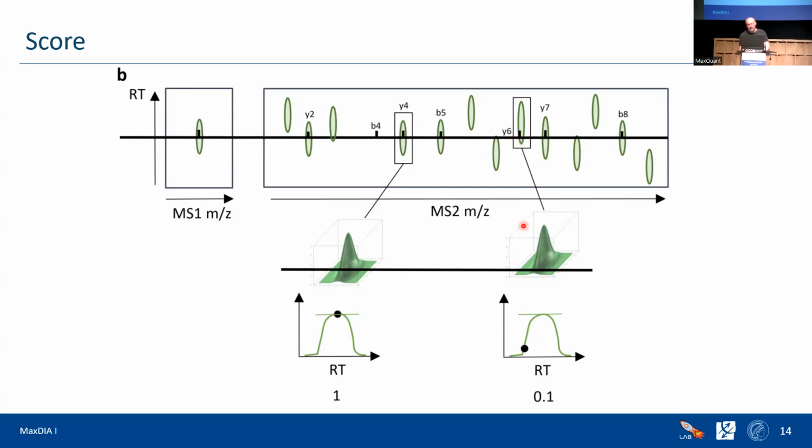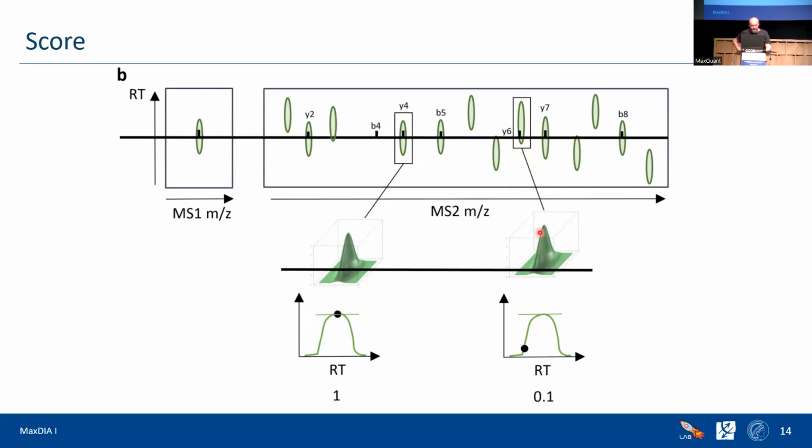It's not just counting yes, no, or 0, 1, but for each of the places where it matches a feature, we add a number to the score, which reflects how far away you are from the apex of the peak. So in the sample, how far is this matching point away from the maximum of the peak?